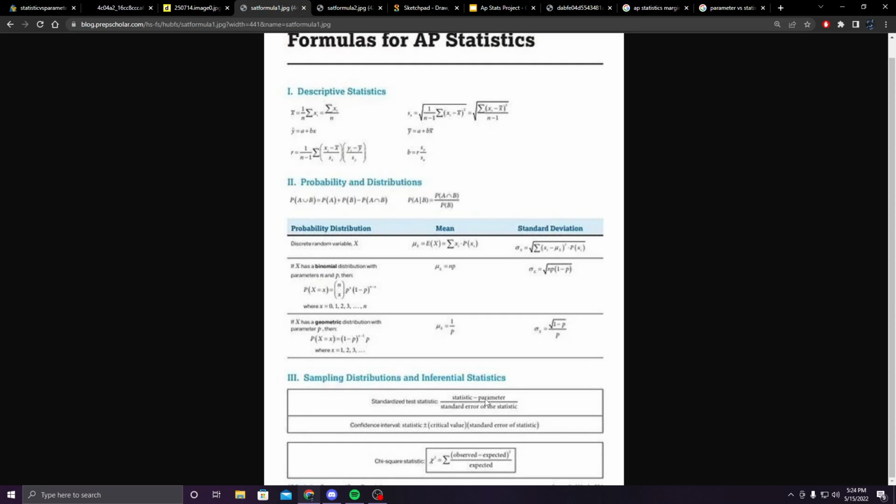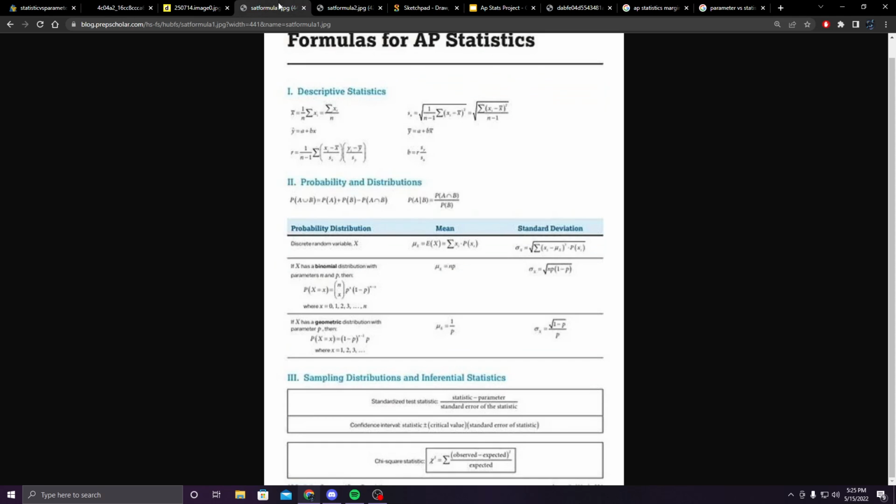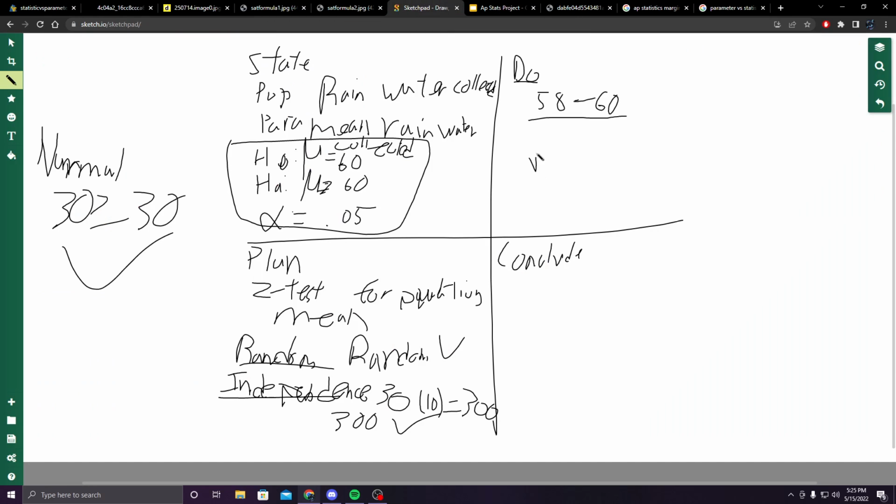For this, what you've got to do is, let's look at this. We're doing a z-test, so it's statistic minus parameter over standard error of the statistic. We know the statistic is 58 in my previous example, minus 60, all over the standard error of the statistic, which is the square root of p hat times 1 minus p hat over n.